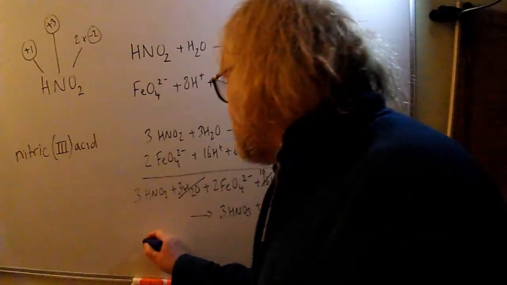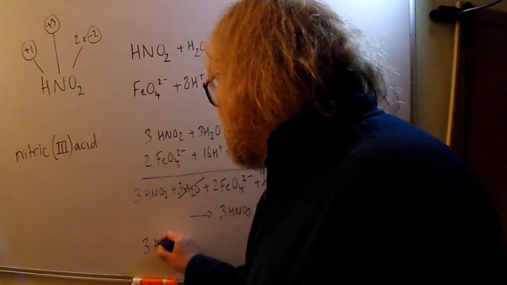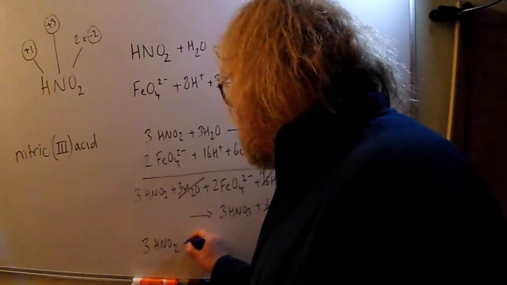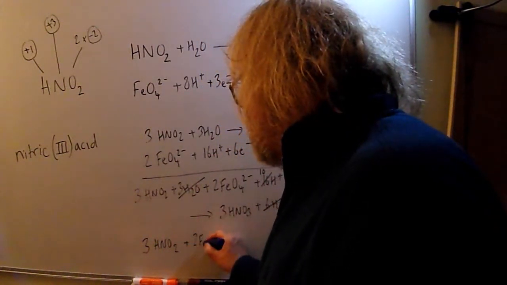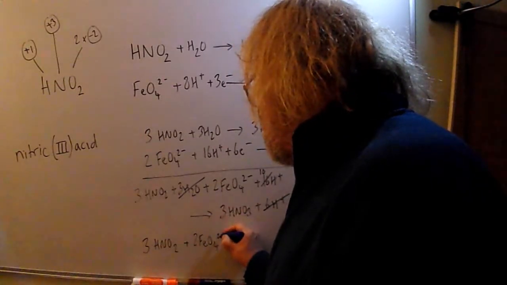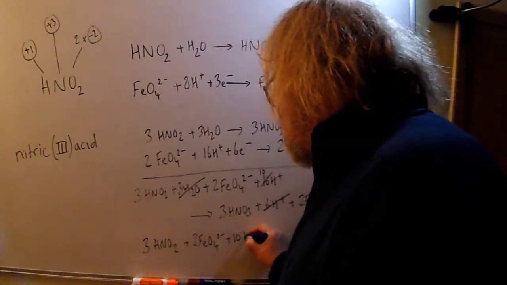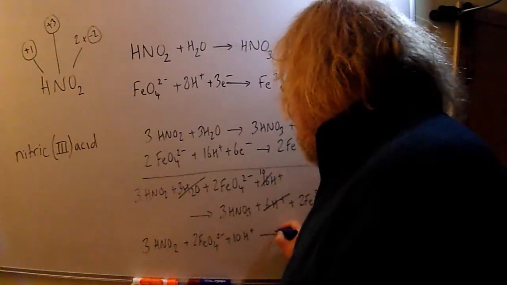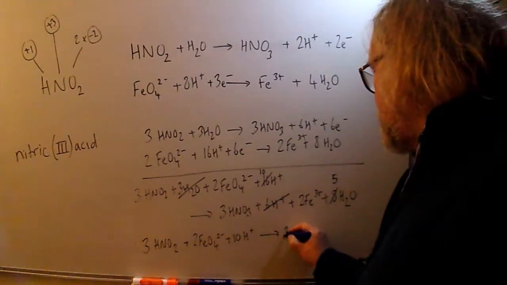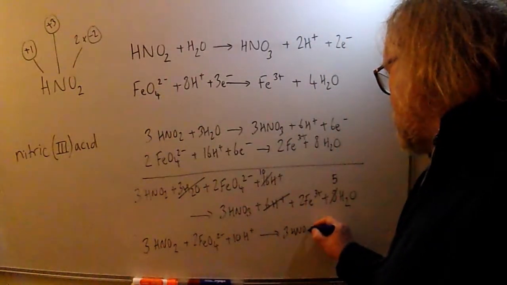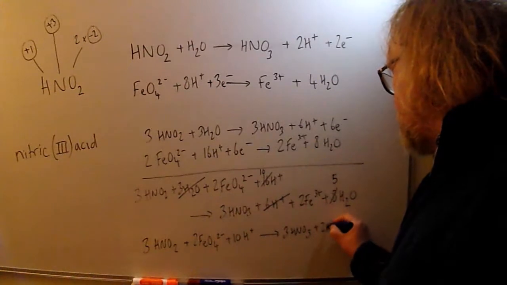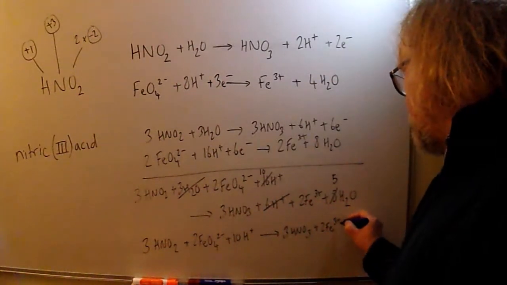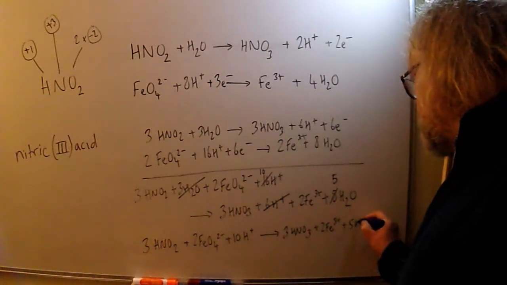So you can then just rewrite that as your final answer: 3HNO2 plus 2 ferrates plus 10H+ is your new left hand side, goes to 3HNO3 plus 2 Fe3+ plus 5 waters.